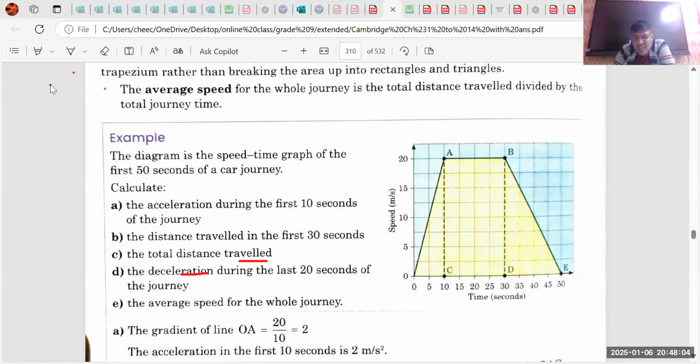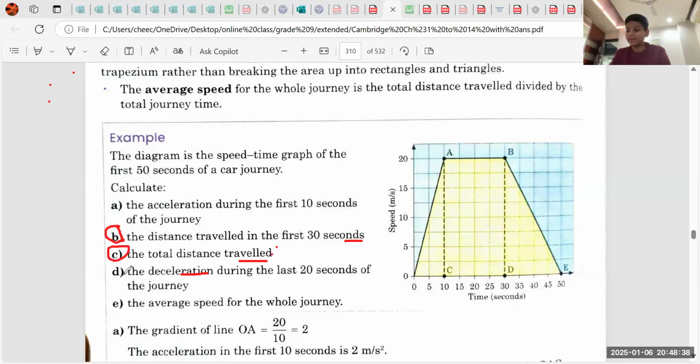And 500 what? Sir, 500 meters. No, the distance is 500 meters and acceleration is meters per second squared. I am asking for B part. Yes, sir, B part 500 meters. Okay, C part. So C part 700 meters.